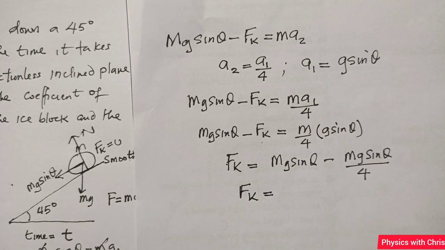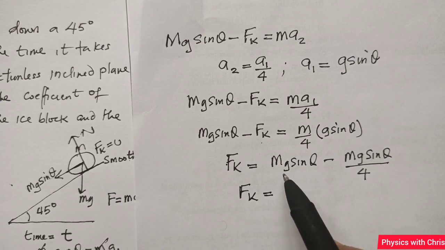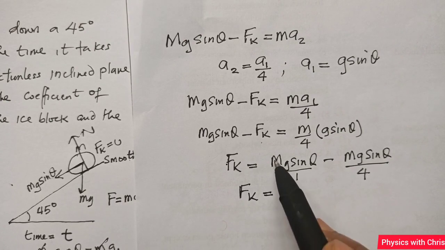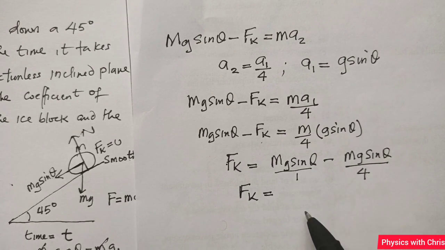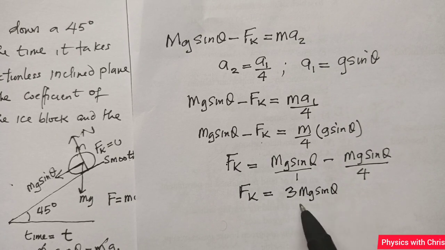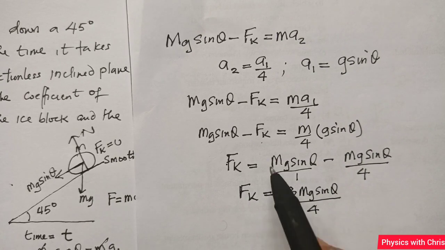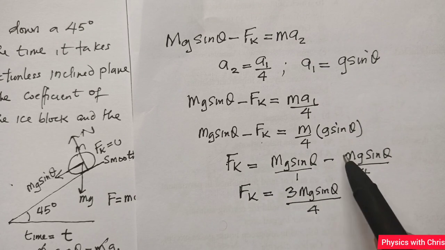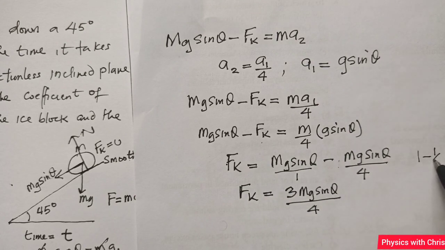It's possible to find the difference between the two of them, and that is like saying 1 minus 1 over 4. That gives 3 over 4. So 3 mg sine theta divided by 4, because 1 minus 1 over 4 gives me 3 over 4.